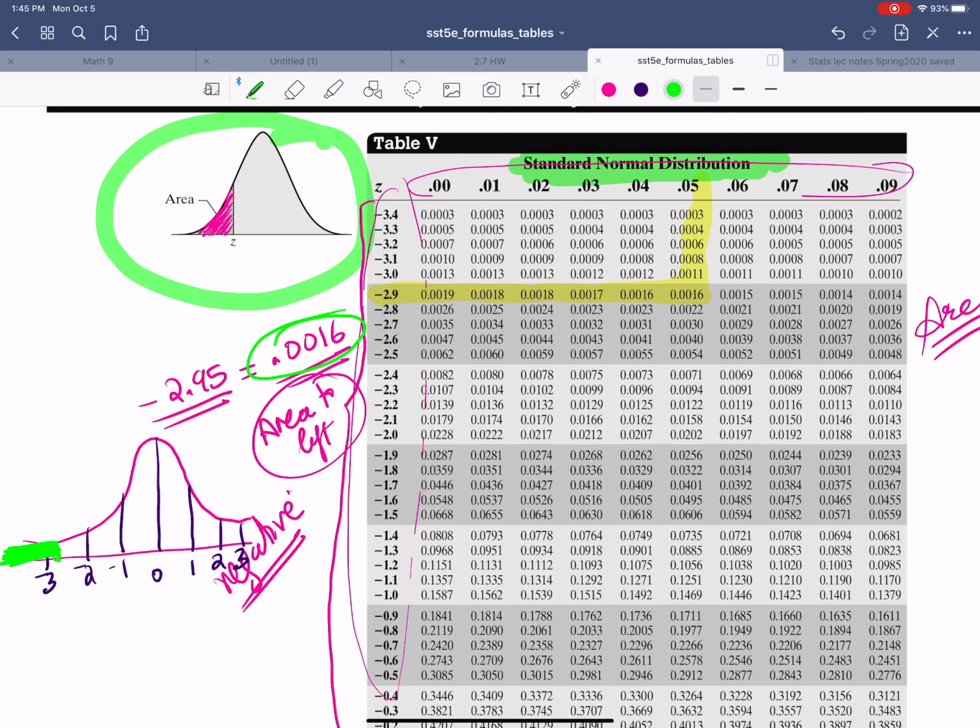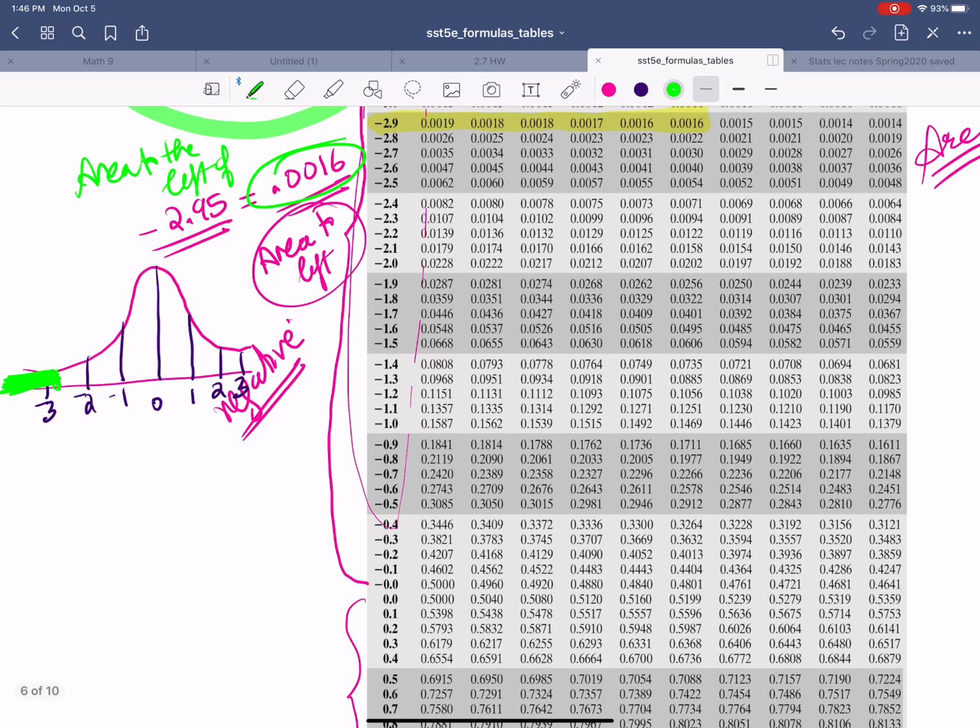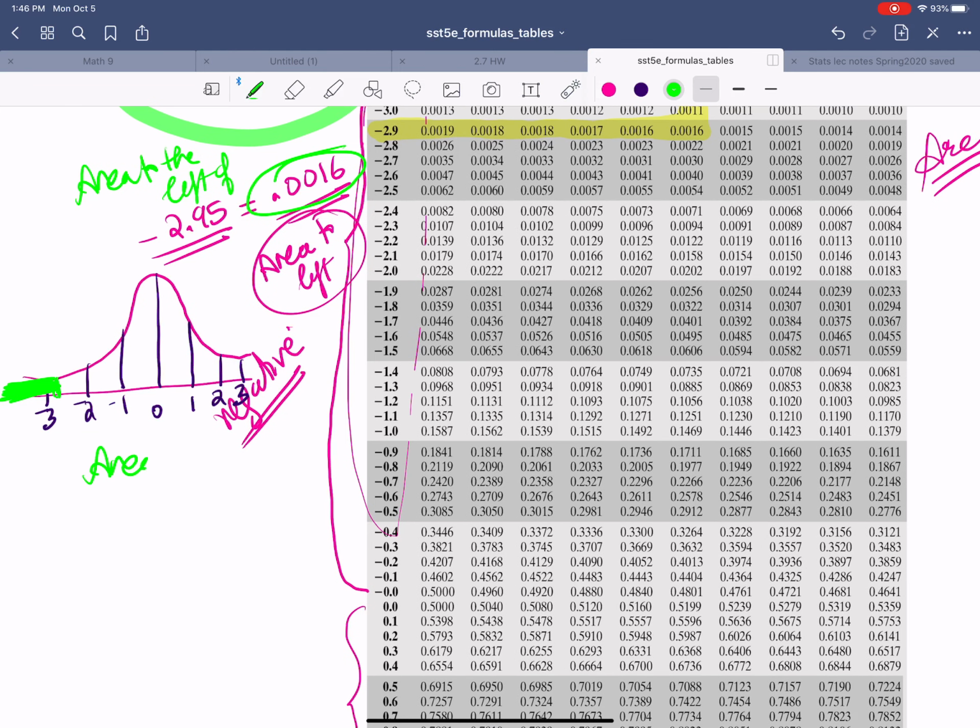How about if I wanted to find out the area to the right of it? So here we just did area to the left of negative 2.95. How do I find area to the right of negative 2.95? Area to the right of negative 2.95 is all this area, but I'm not going to bother calculating that because I already know the entire area is equal to 1.